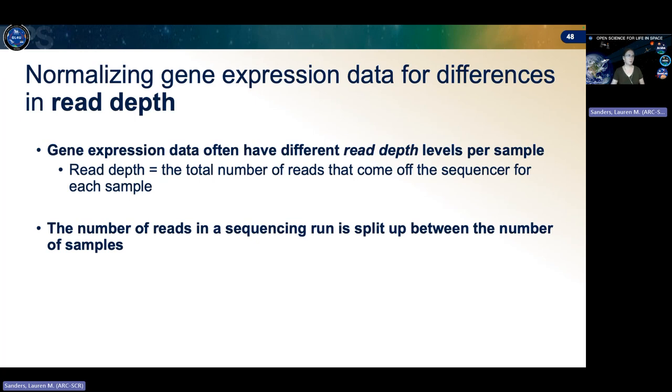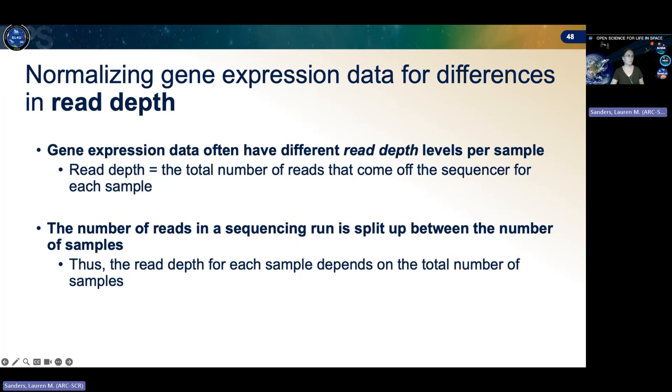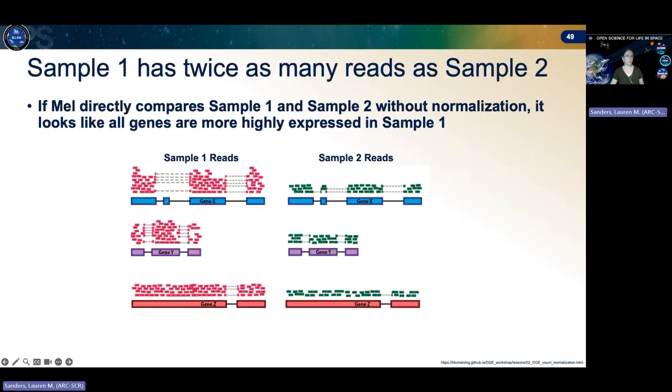This is because the number of reads in a sequencing run is split up between the number of samples. So the read depth for each sample just depends on the total number of samples that happened to be sequenced that day. So you can get into a situation where you're comparing samples that have different numbers of reads simply because of a sequencing artifact.